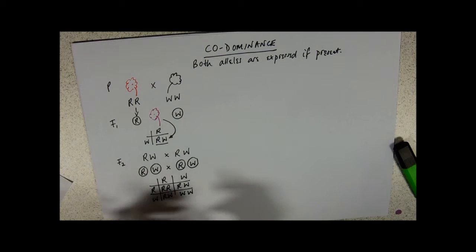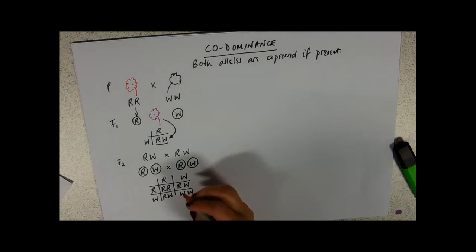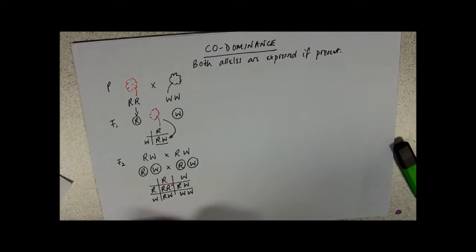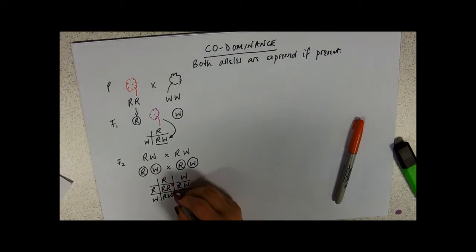Now this is the only time that we ever really use two different letters, in capitals, for one characteristic, which in this case is flower colour. So our RR one will be red, and our RW ones, both of them, the heterozygotes, will be pink.